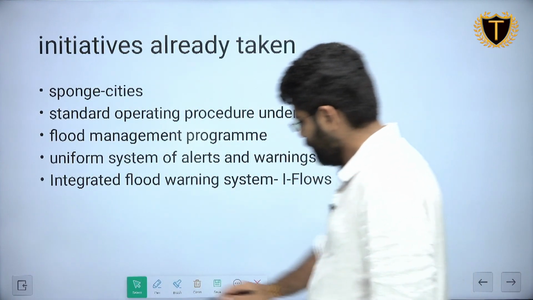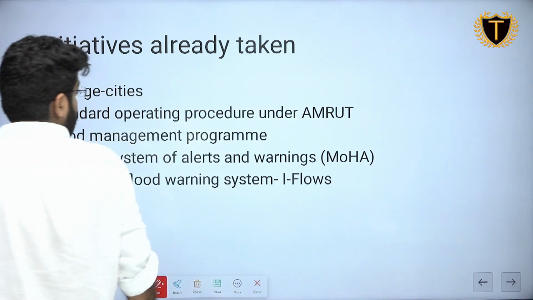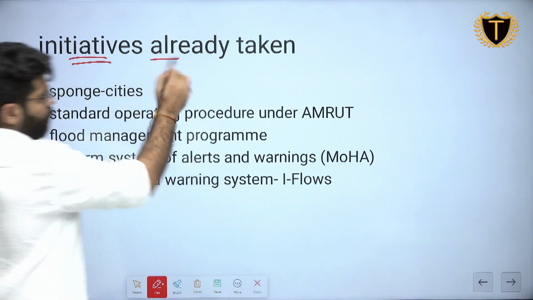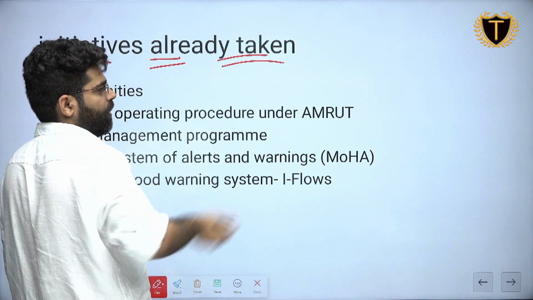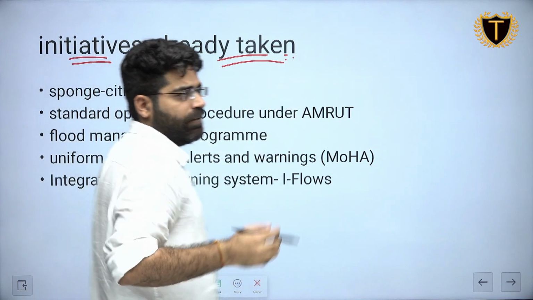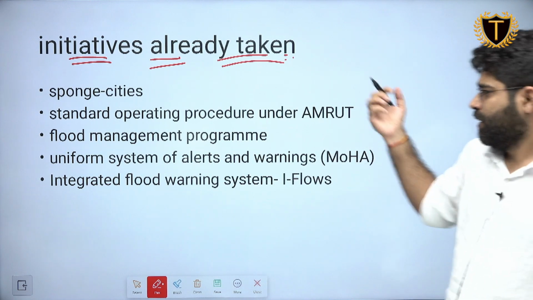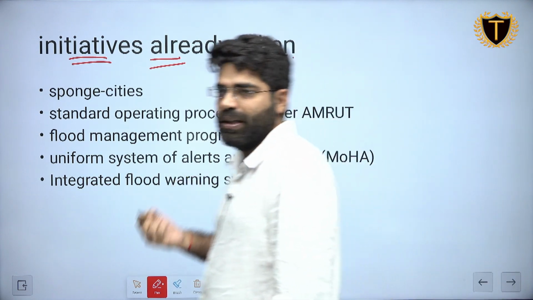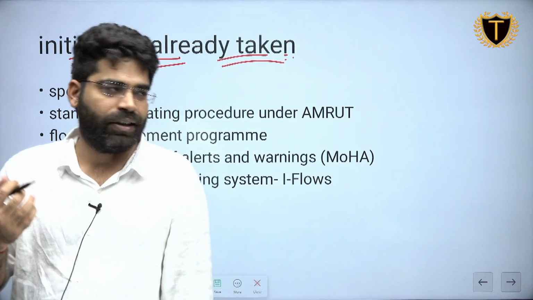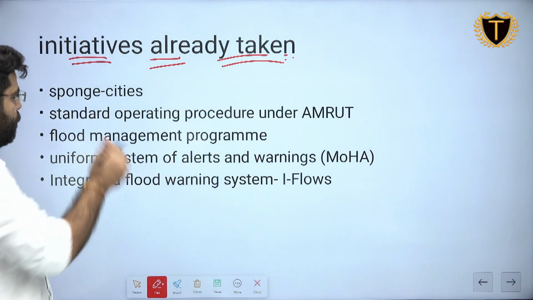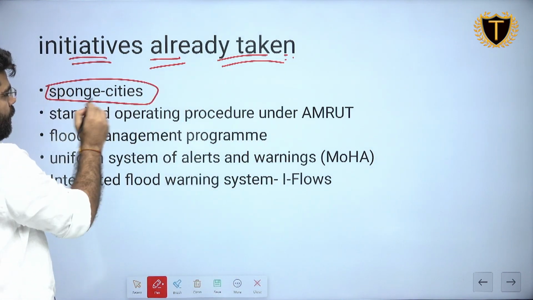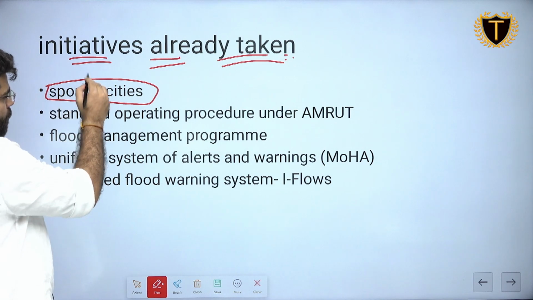Now we see the initiatives already taken to minimize the impact of urban flooding. These kinds of initiatives have been taken by the government or by the municipal agencies of that particular city. So we are going to discuss them one by one. First is the concept of sponge cities. See, this term is simple to understand.